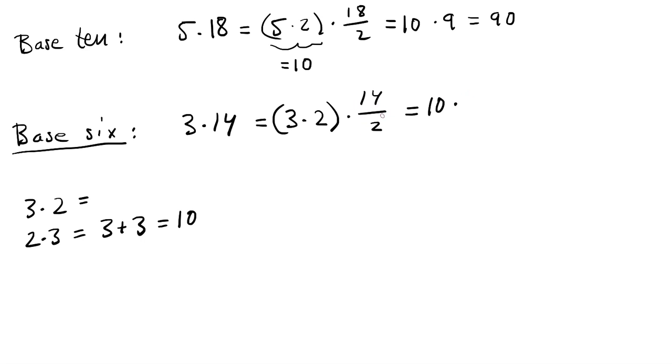How do you know that in base 6? Then you have to do the same again. 14 divided by 2. That's the number you should multiply 2 by to get 14. 1 is too small, so you have to try. Okay, 1 didn't work. You have to try 2. 2 times 2, that's 4.